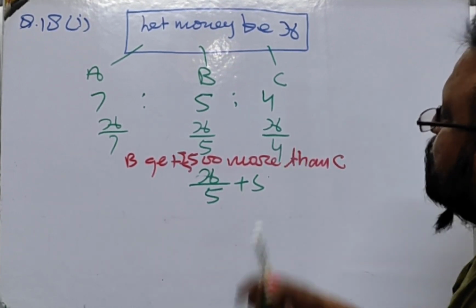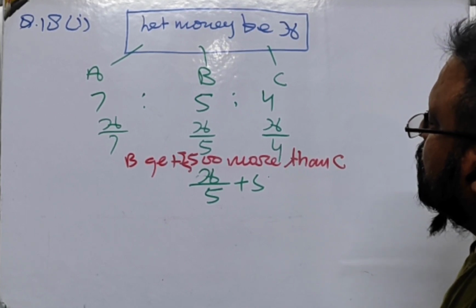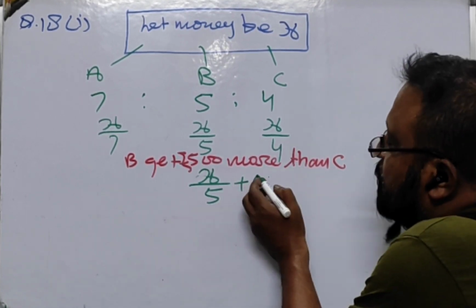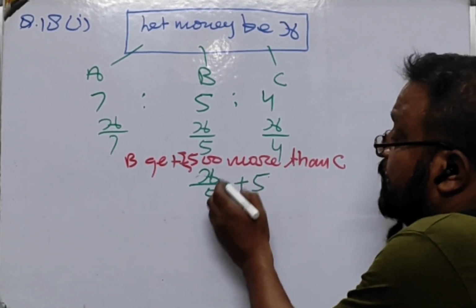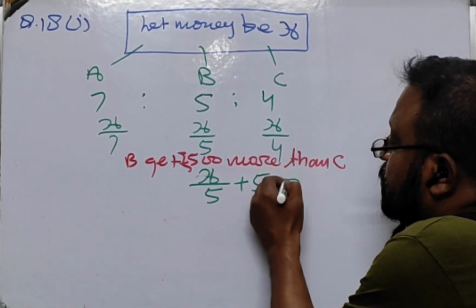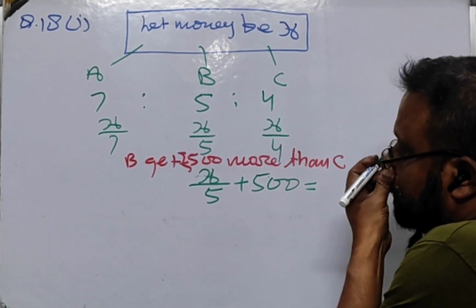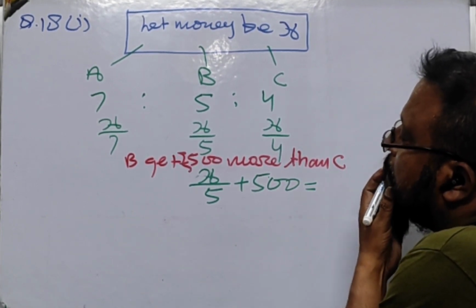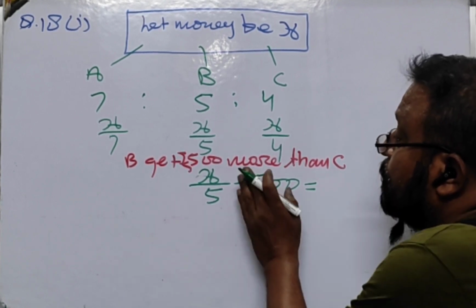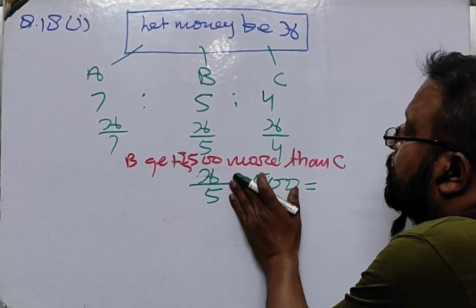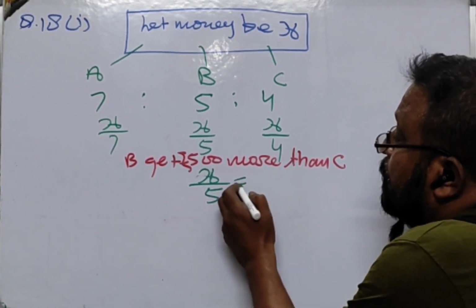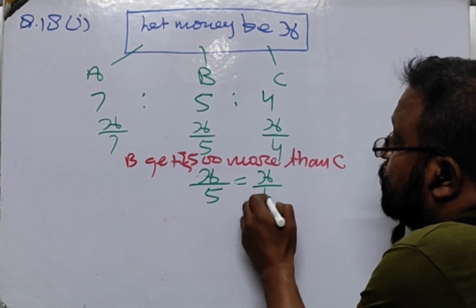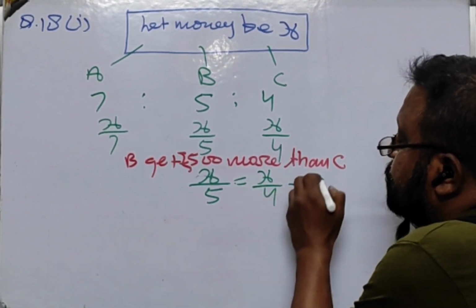B is 500 more than C, so X upon 5 is equal to X upon 4 plus 500.